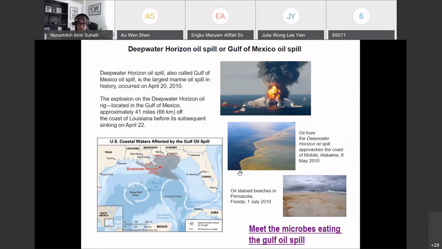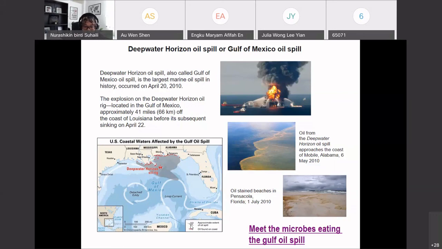Okay, you can see these are some of the findings about the types of microorganisms that the researchers have found. And these microbes actually eat the oil at that site. Right? So this one, the name is quite uncommon. Thalassolitis olivorans.